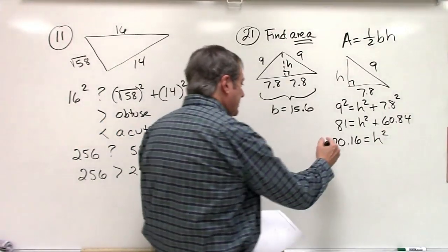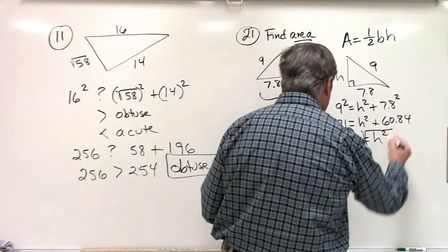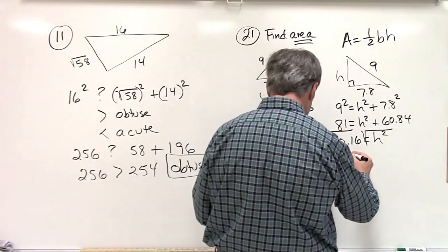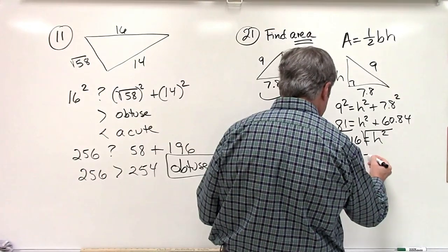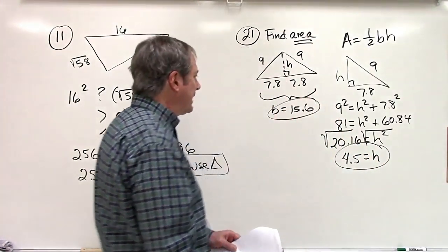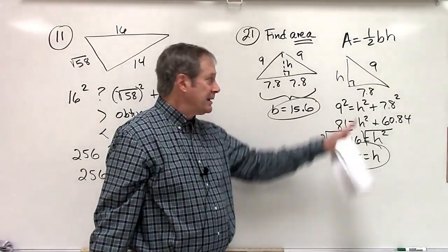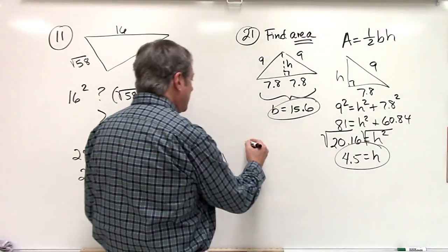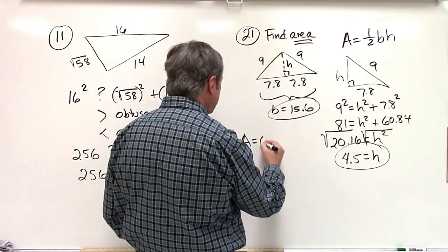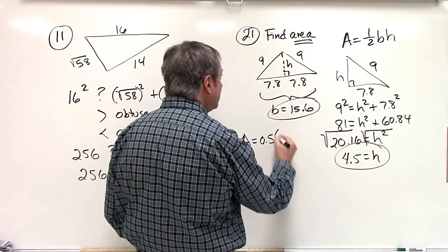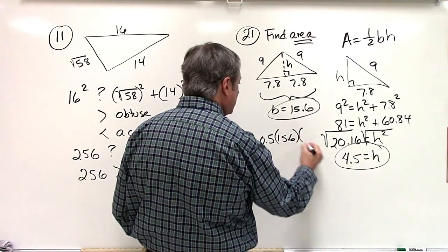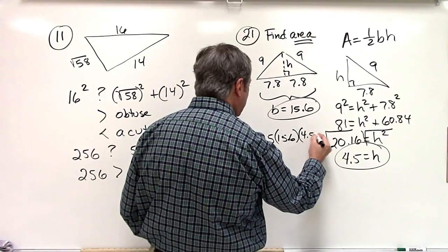Okay, at this point, what do we do? We take the square root of both sides. The square root of 20.16 rounded off is 4.5. So here's the height, there's the base. Now let's plug it into the area formula. So the area of that triangle is 1/2, since we've got decimals here, I'm going to call 1/2 0.5, times the base, 15.6, times the height, 4.5.